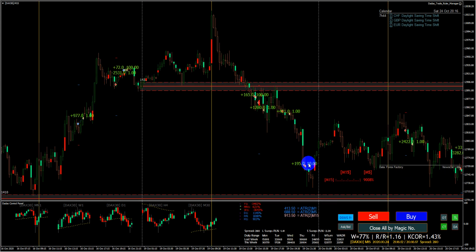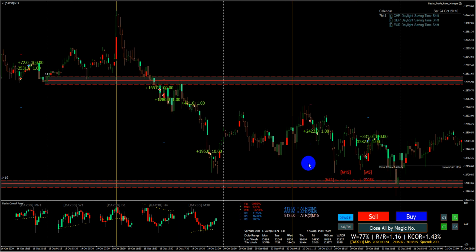On Tuesday, that was monthly. On Tuesday, what happened on Tuesday? Well, Tuesday was more of a sideways movement, but with a bearish tendency.